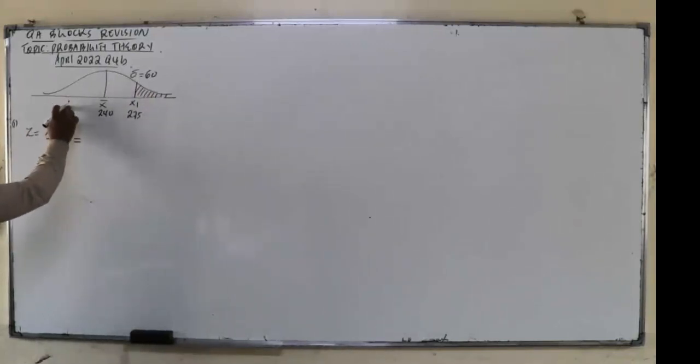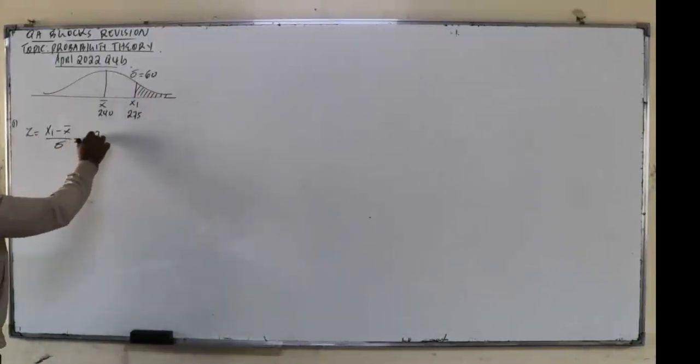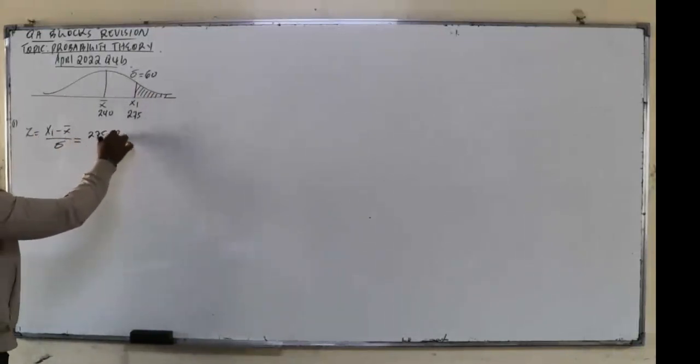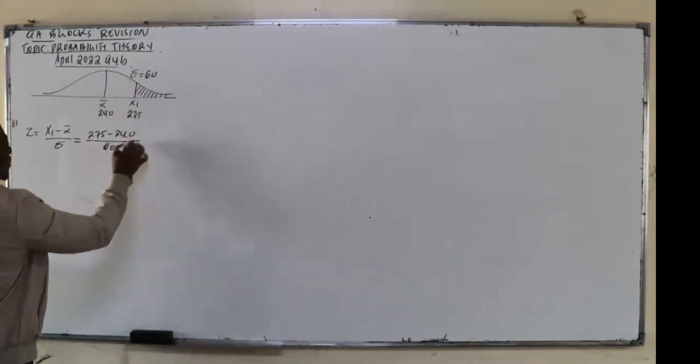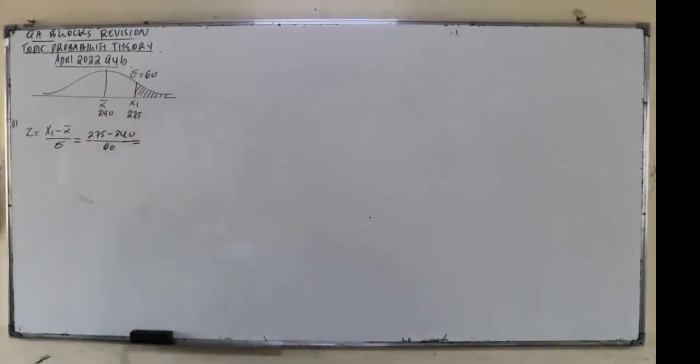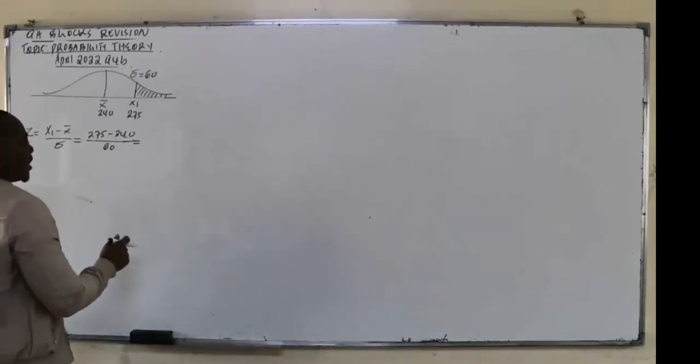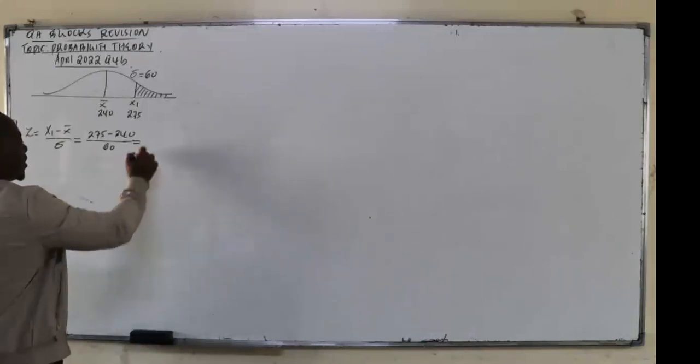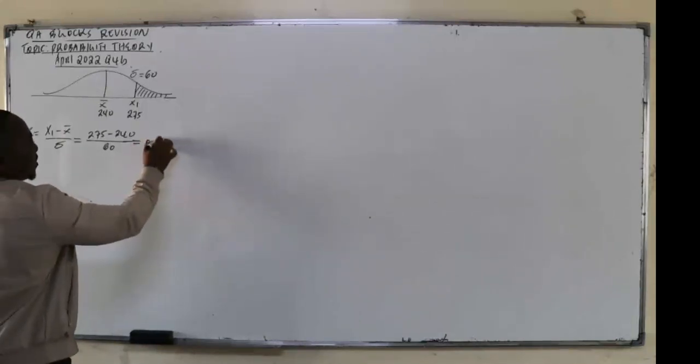Now, these are normal distribution. X1 we have is 275, X bar is 240, standard deviation is 60. Give me that to 2 decimal places. 0.58.